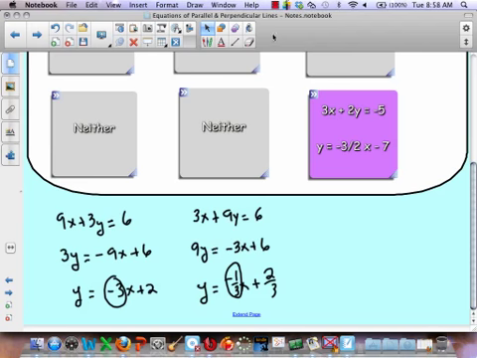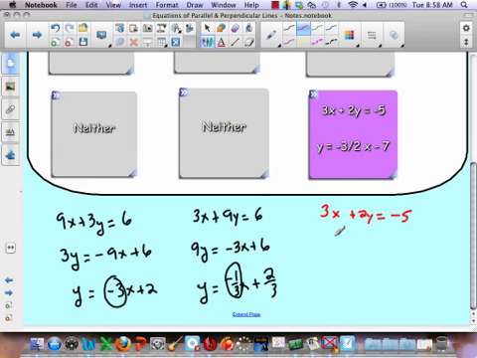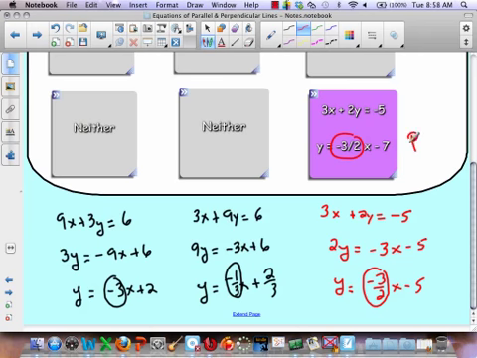Well, if we solve the top equation, 3x plus 2y equals negative 5, and put that in slope-intercept form, I get 2y is negative 3x minus 5, and therefore y is negative 3/2 x minus 5/2. And so when I consider that slope with this slope, no, they're the same slope, therefore parallel.